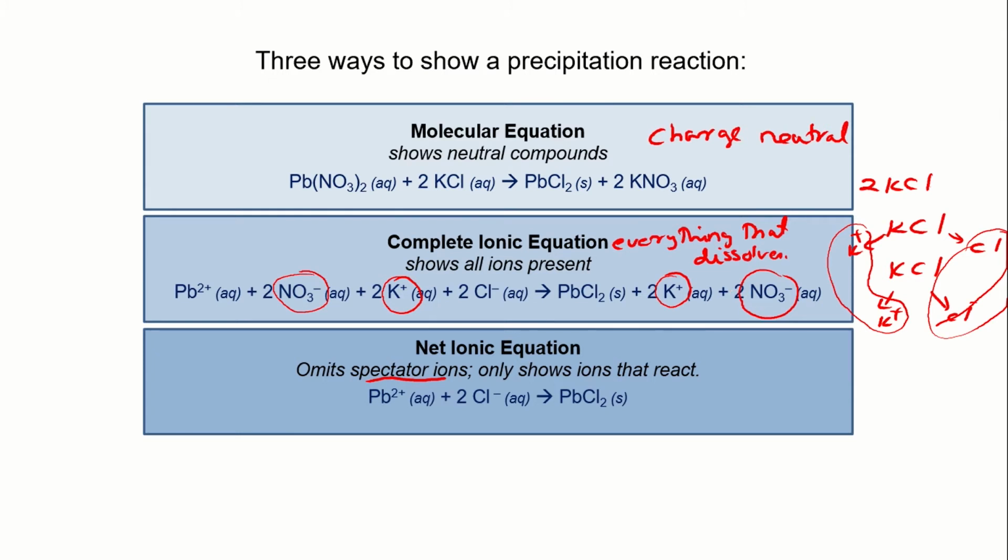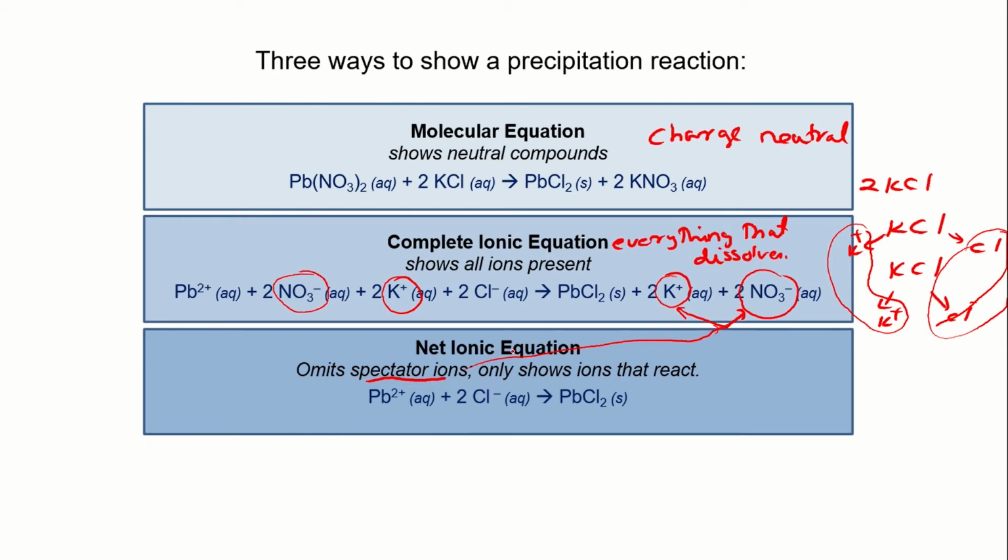They are on both sides just sitting there watching. How about lead and chlorine? On the reactant side, you can find lead in ion form, chloride in ion form. But on the product side, they are no longer ions. They have made a solid. So they have done an actual reaction where the aqueous state resulted in a solid substance, while the other two are staying as spectators. So these two are going to be your spectator ions.